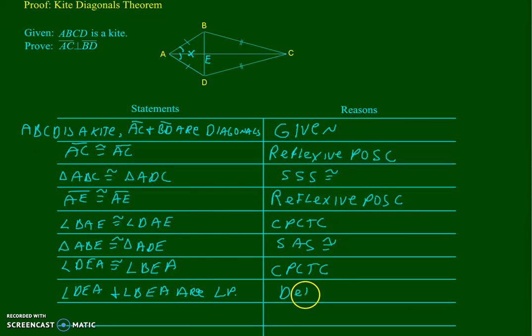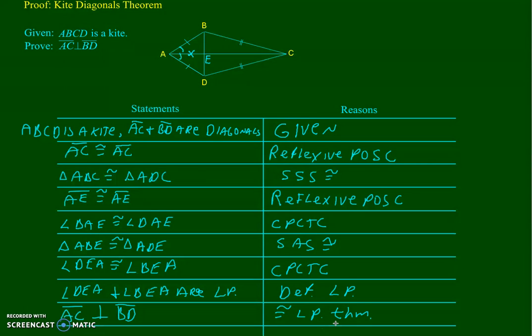That's definition of linear pairs. And finally we can state that AC is perpendicular to BD by the congruent linear pair theorem. So AC is perpendicular to BD, congruent linear pair theorem.